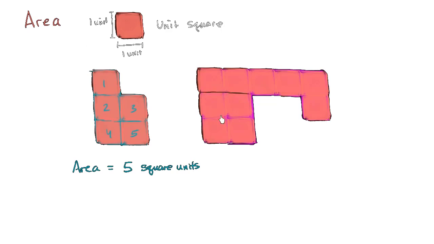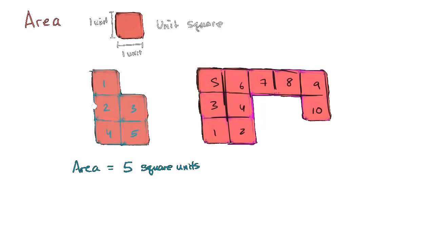And let me draw the boundary between them so you can see it a little bit clearer. So that's the boundary between my unit squares. So I think there you go. And we can count them. We have 1, 2, 3, 4, 5, 6, 7, 8, 9, 10.